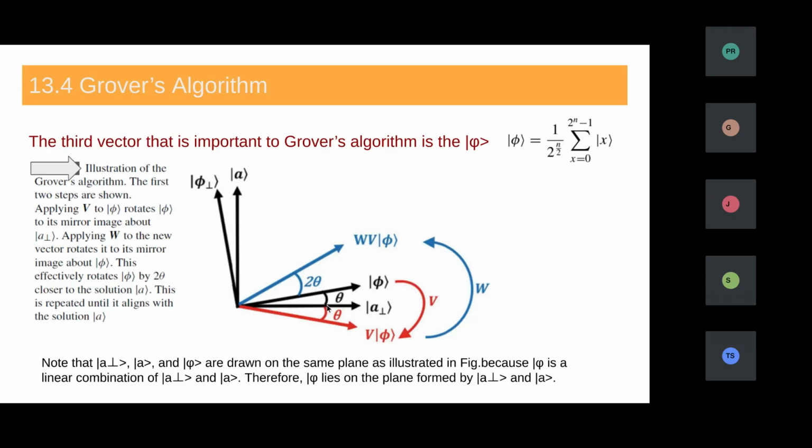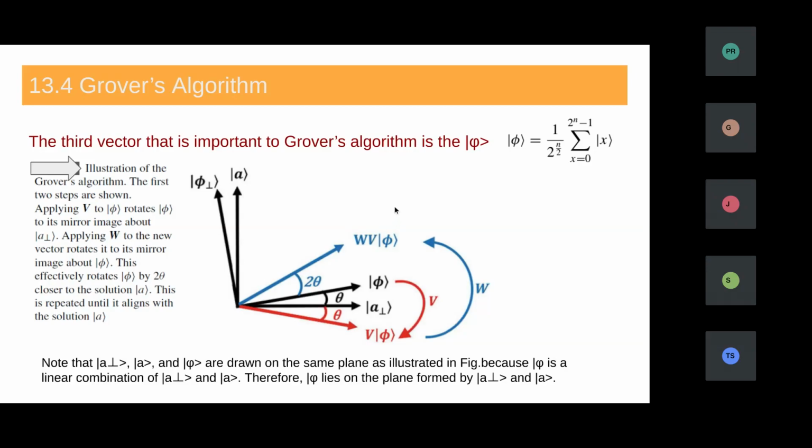So now our goal in Grover's algorithm is to have a vector called phi, which is at an angle theta to the A perpendicular, and if we can somehow rotate it by applying some process, we should be able to bring it slowly and converge it to A, and then in that case it becomes 1, right?